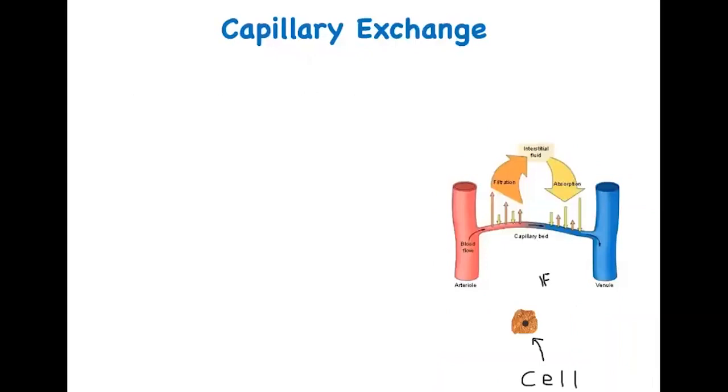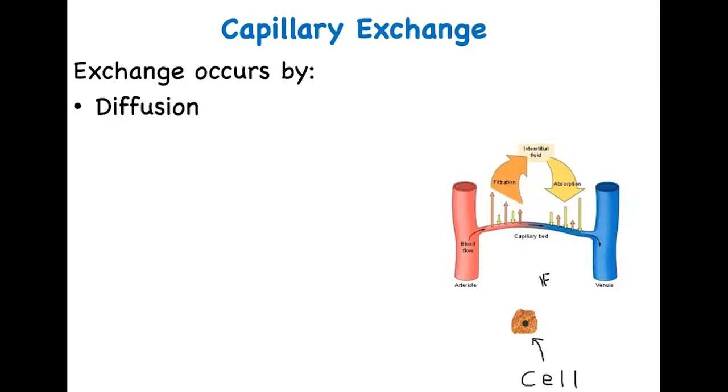Let's look at capillary exchange. The exchange of the materials between the capillary and the tissues occurs by several different mechanisms. Diffusion, which recall is a passive transport mechanism, is where substances move from an area of high concentration to an area of low concentration.